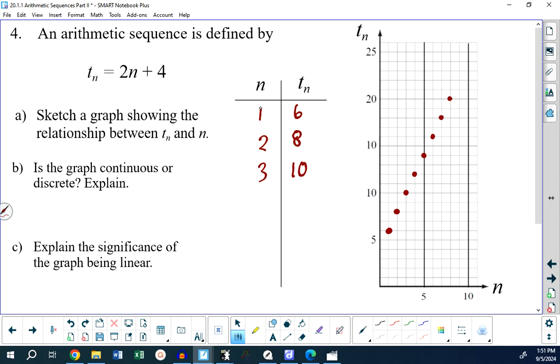That's it. Does anybody remember the difference between continuous and discrete? Continuous would be if we could draw a line through it and connect all the points because the stuff exists everywhere.